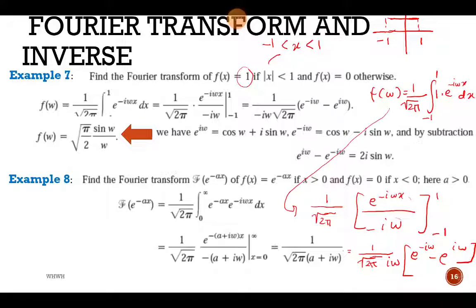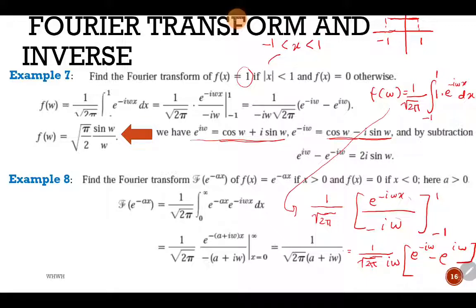Okay, let me show you. We have this formula here. Apabila e kuasa i omega sama dengan cos omega tambah i sin omega, dan e kuasa negatif i omega sama dengan cos omega tolak i sin omega. So this is the trigo formula given.